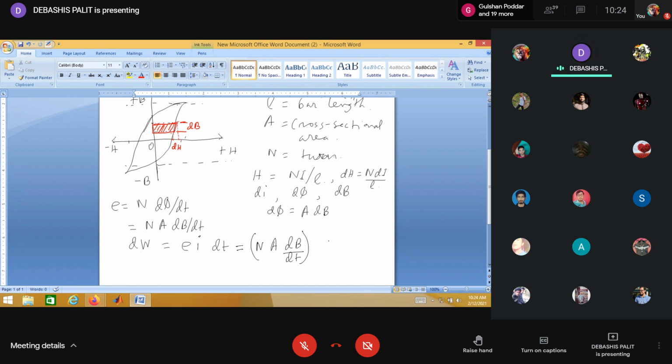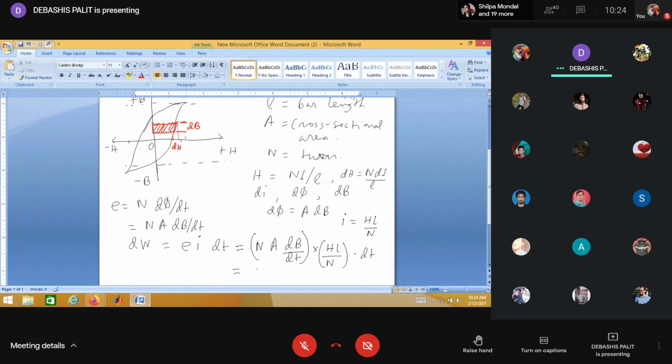And for this current, you can consider the instantaneous current i equal to HL divided by N. So that into HL divided by N into dt.